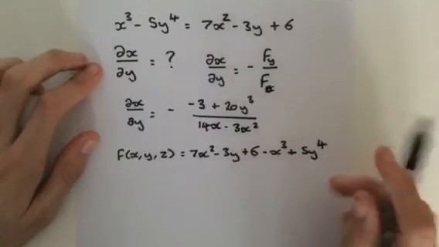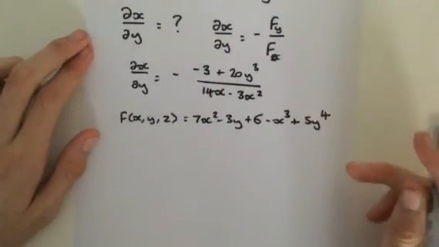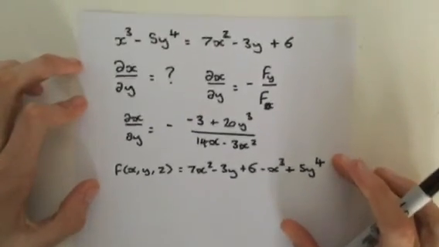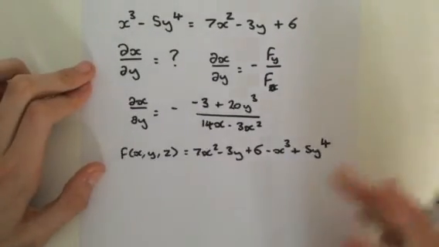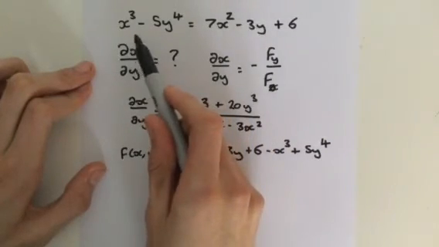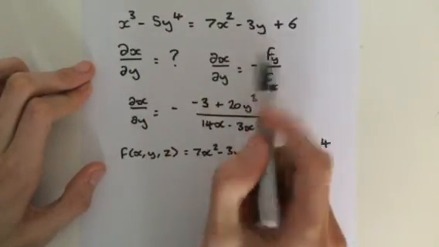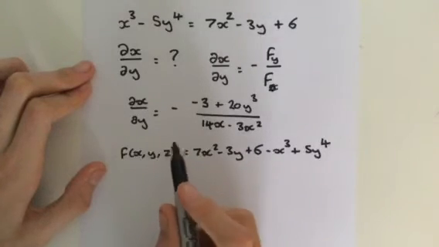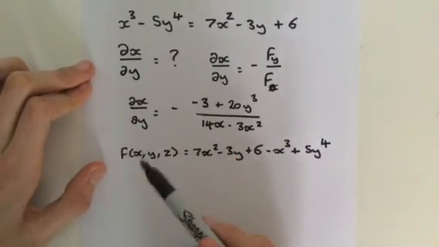Now we can do it the other way. So x cubed minus 5y to the 4. For our normal partial implicit differentiation, we don't need to get it in function form, we can just have it like this. So again, we're trying to find dx by dy.